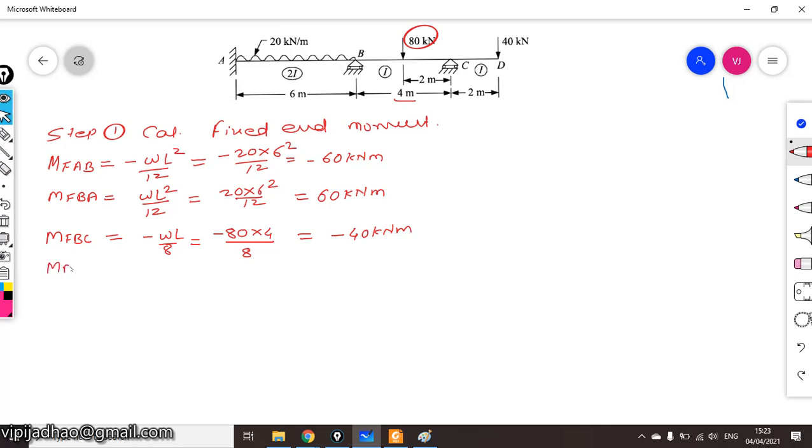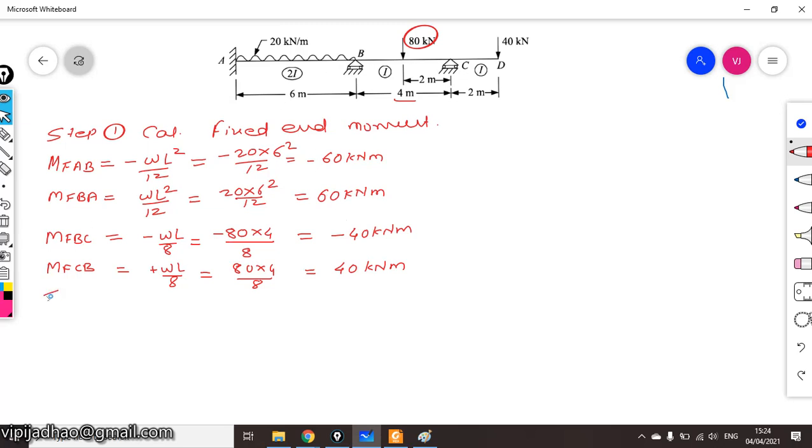Similarly, MFCB, that is fixed end moment for span CB, will be equal to plus WL by 8, that is 80 into 4 divided by 8, which is 40 kilonewton meter. So these are the fixed end moments which are developing due to the external loads acting on this particular continuous beam.